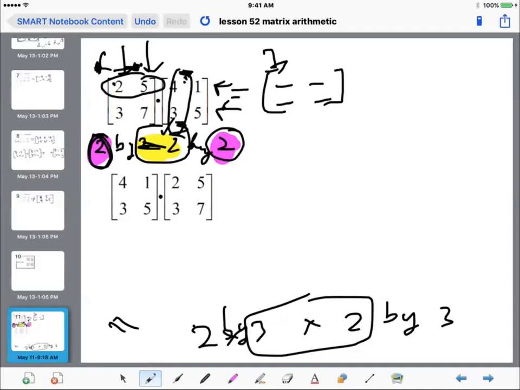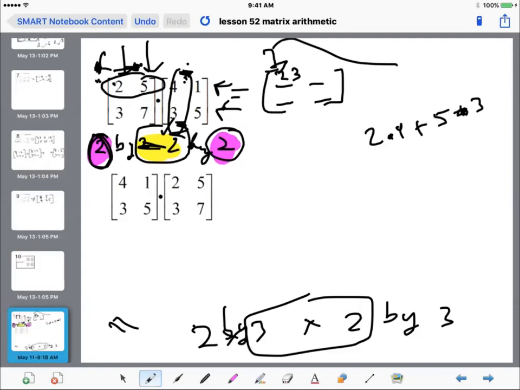I multiply 5 times 3. I'll write this down. So the calculation I did was 2 times 4 plus 5 times 3, which is 8 plus 15, which is 23.